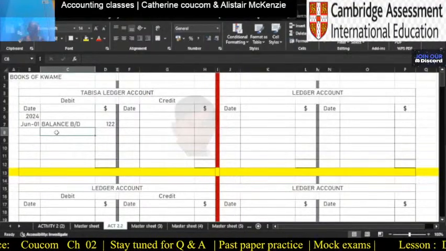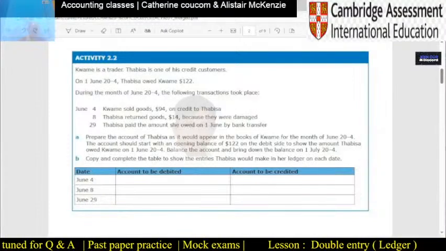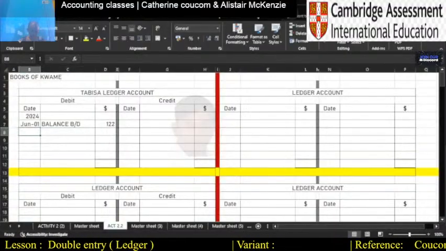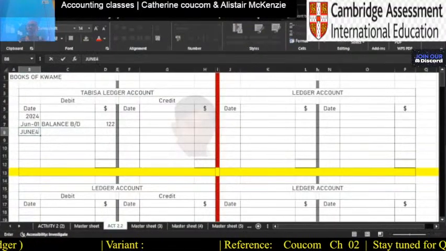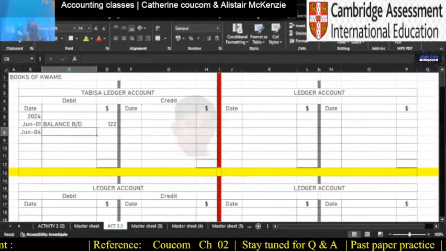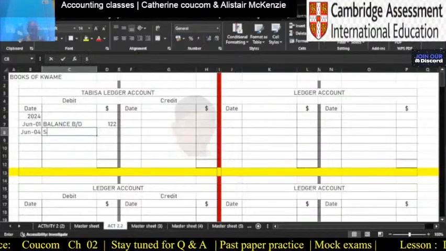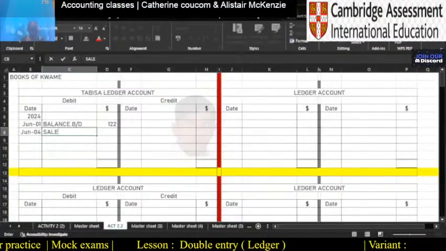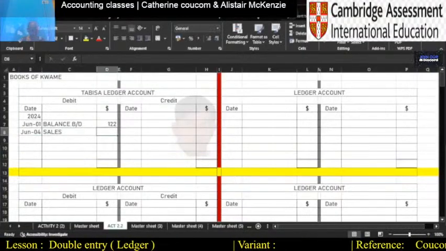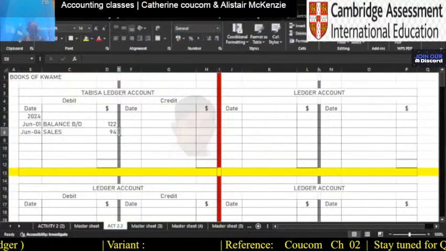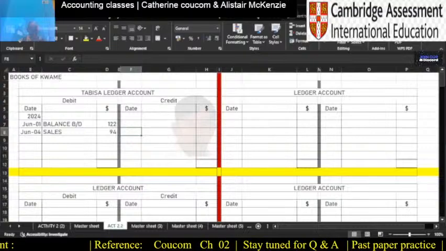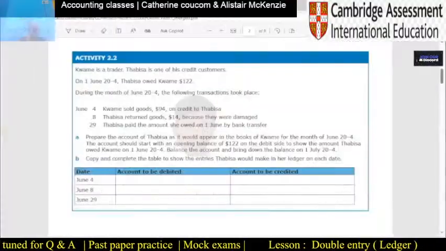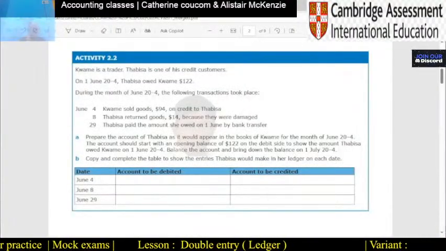What date? June 4th. 94. And again, what has happened? June 4th, sold 94. 8th, returned 14.